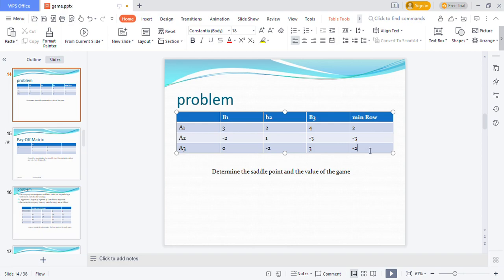Then we move to the next one. We look at the column maximums. In other words, we are looking at the best solution for each column. For B1: 3, -2, and 0. Which is the best? It is 3.